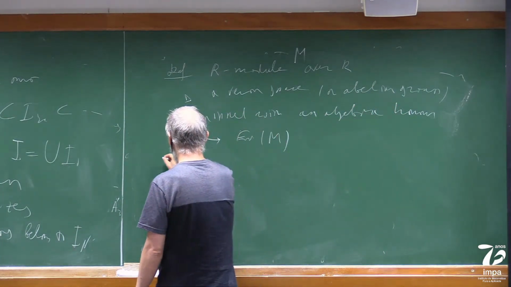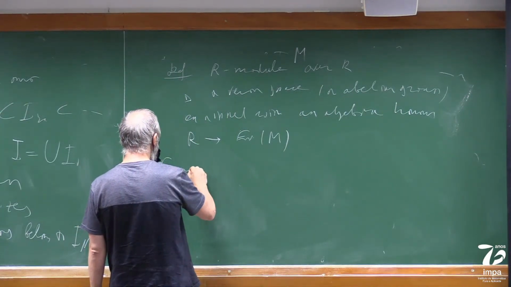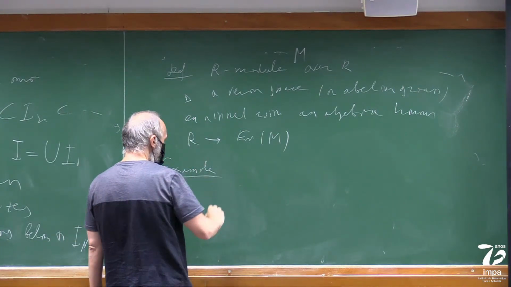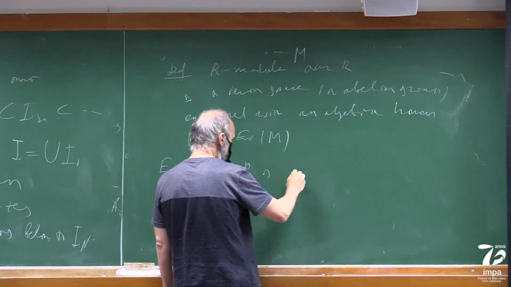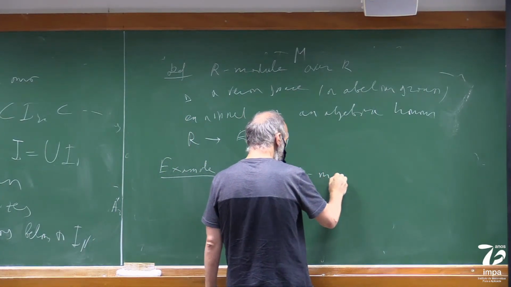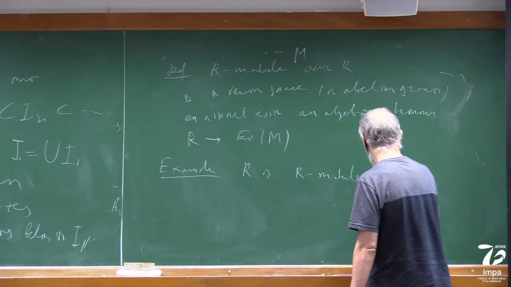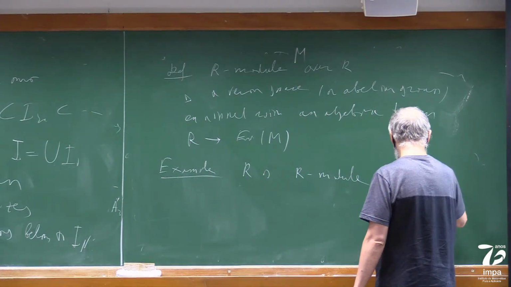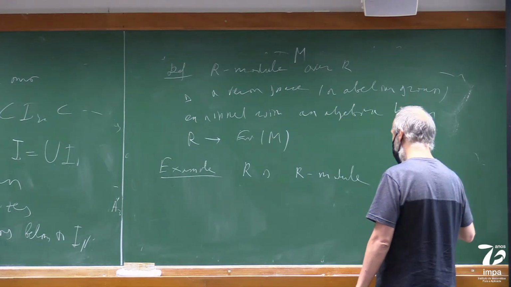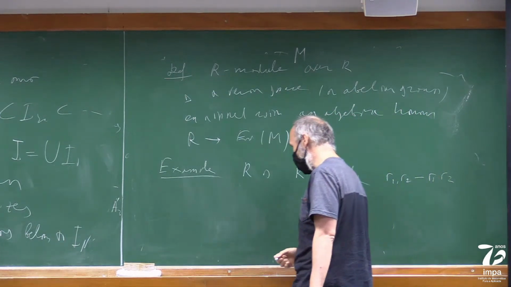Okay, example. So R is an R-module. By trivial reasons, you have R1, R2 goes to R1, R2. This is your multiplication by elements of a ring.